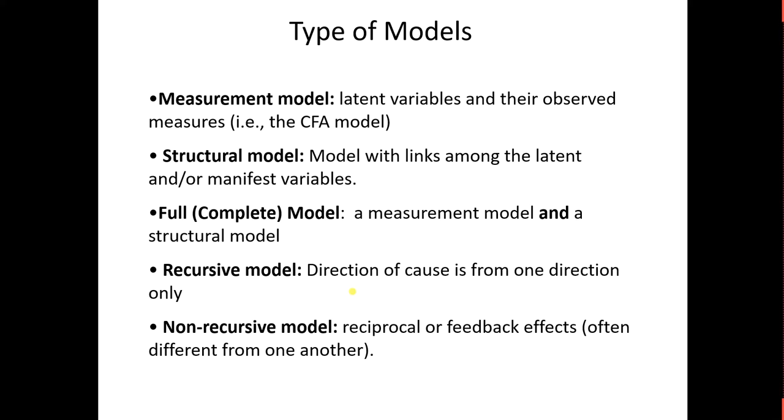Why is it reciprocal? We are saying that x is determining y and y is determining x. So they are mutually determining each other. Such mutual determination, reciprocal relationship, or feedback effect models are generally called non-recursive models.